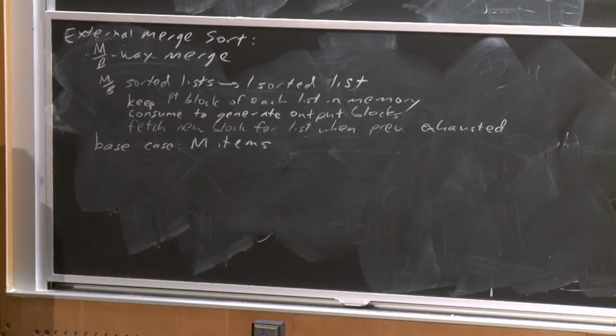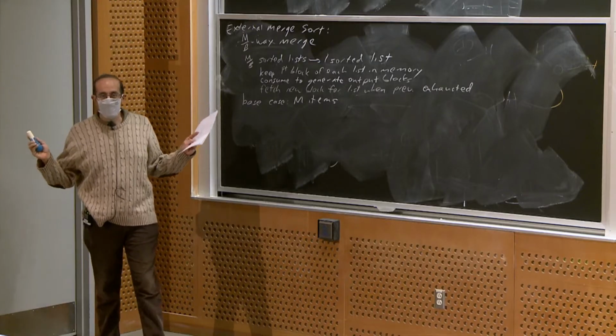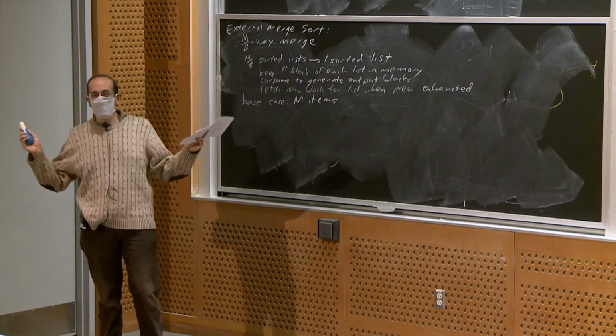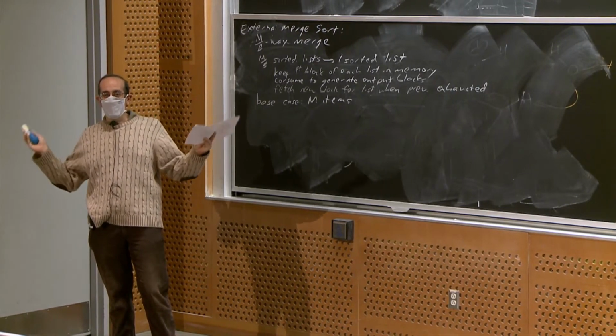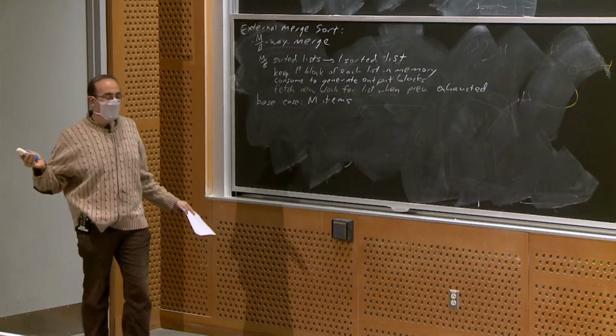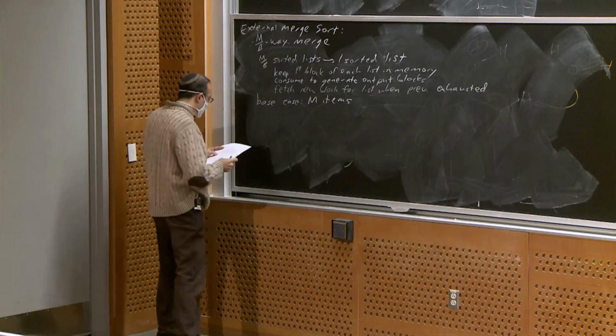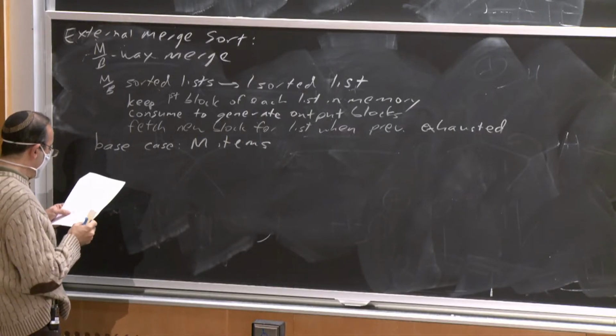If you want to sort m items, you read them in and you sort them. And the cost is just the reading in, because the computational work is free in this model.